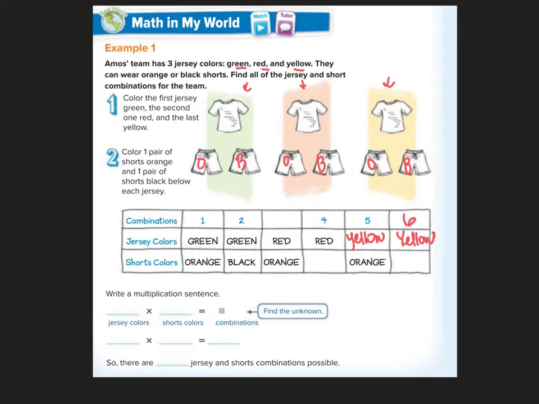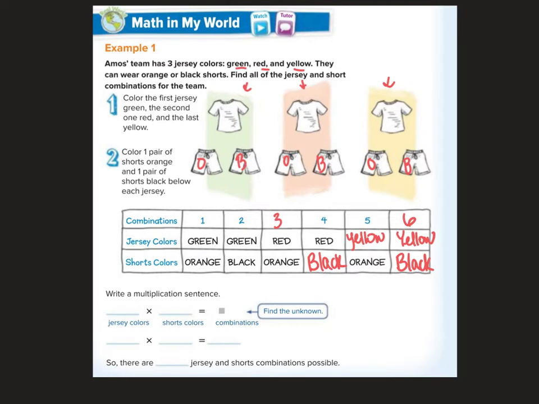So there are 6 options for jersey colors, with orange, black, orange, black, orange, black. So we could have red, orange, red, black. Yellow, orange, yellow, black. If we look at all of the combinations, we would have 6 combinations, wouldn't we?